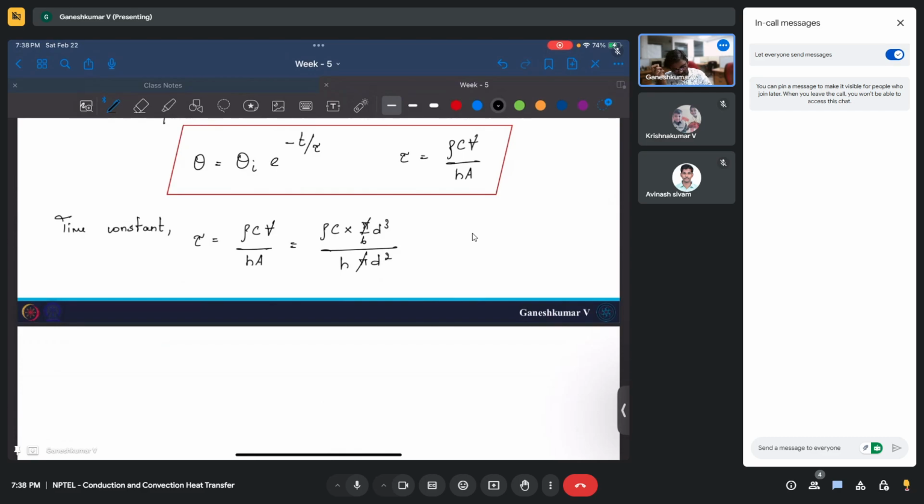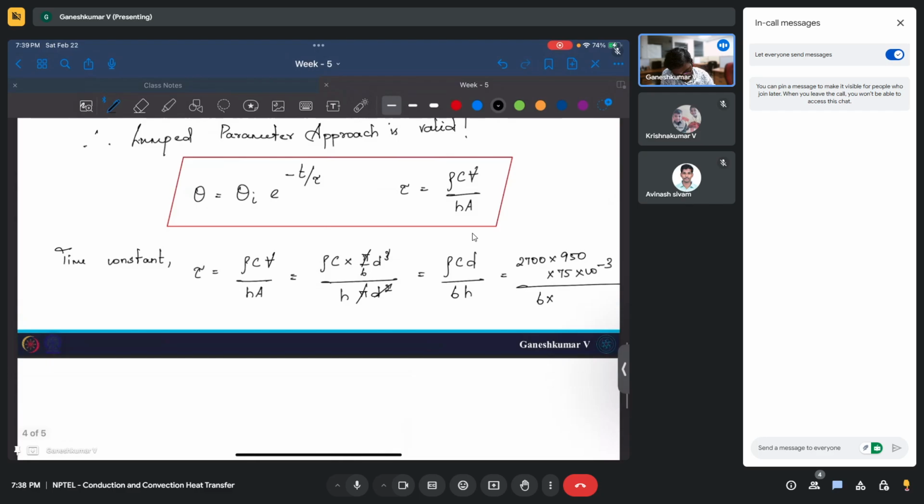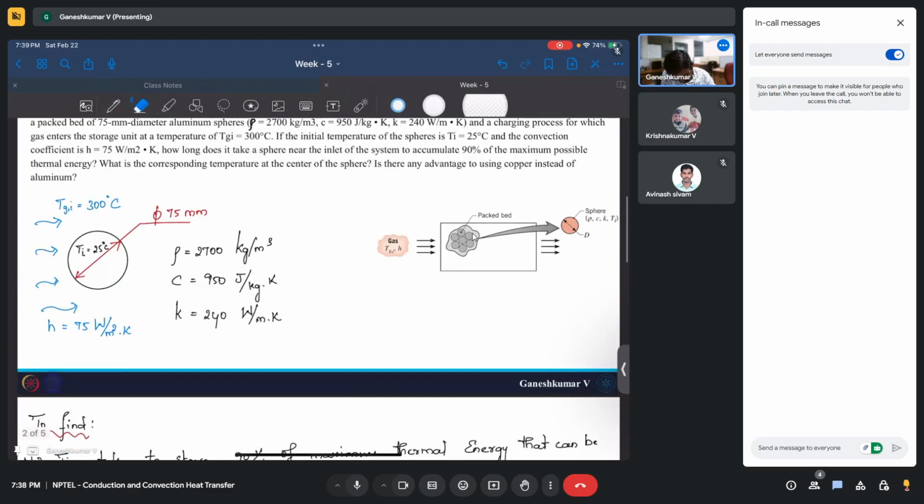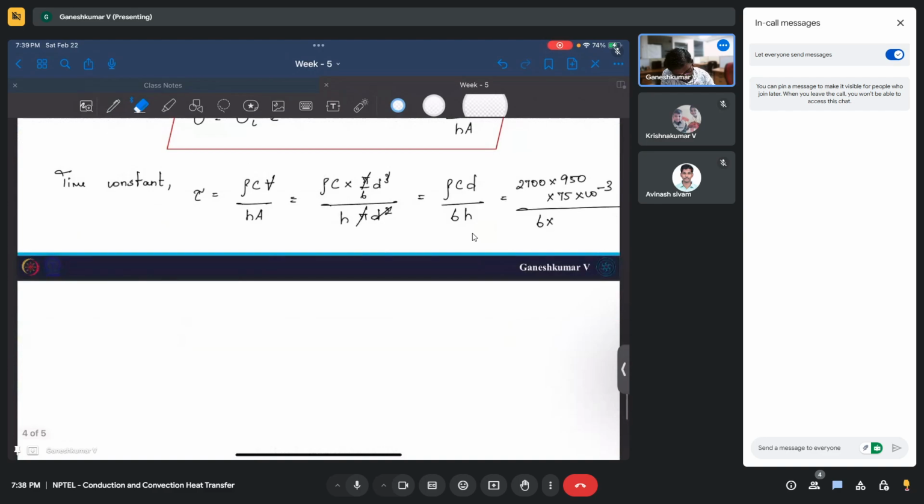If you simplify this, you will end up having rho c d by 6h. I guess we know everything. Rho is 2700 for aluminum, c is 950, d is 75 into 10 power minus 3, divided by 6 into the heat transfer coefficient, which is 75.